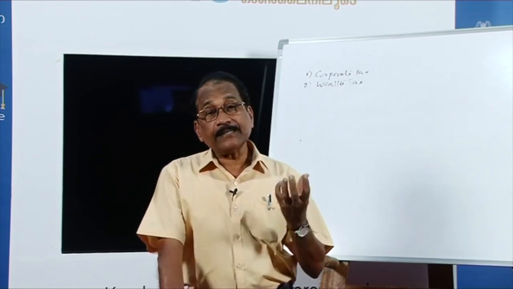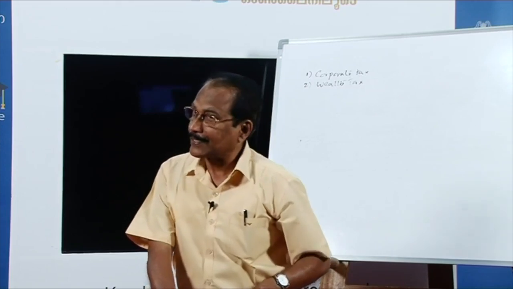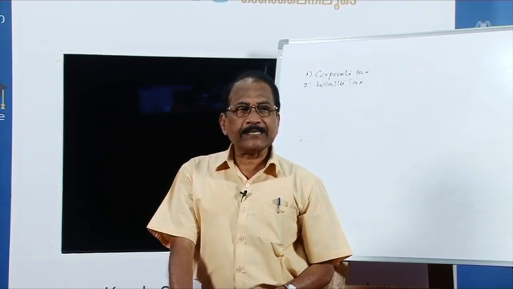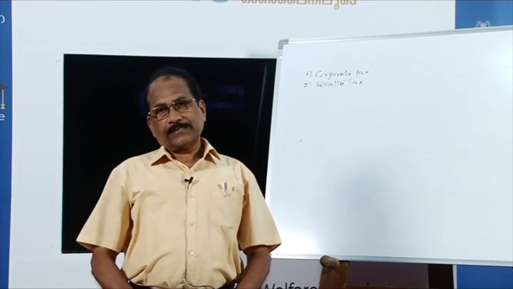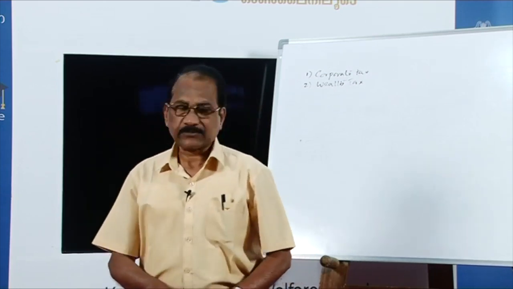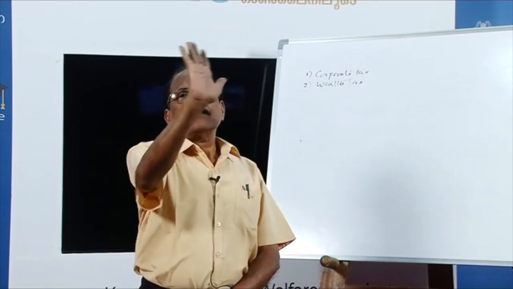It is an alternative tax to the corporate tax, which is a direct tax. MAT is also a direct tax. You know what a corporate tax is? A tax on profit earned by the company is what is called corporate tax. So, if there is a profit, corporate tax is applicable.